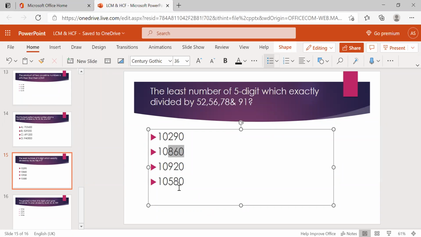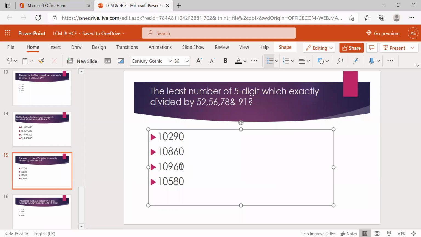Check 92. I think it is divisible by 8. Sorry, the option is, I think, 960. It's 960.